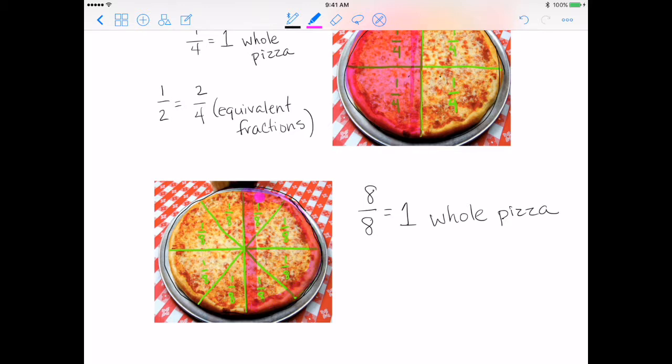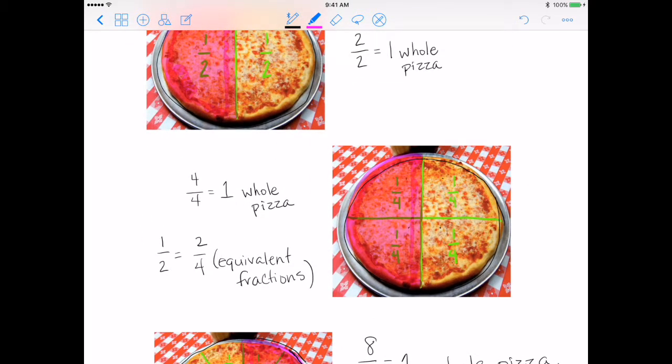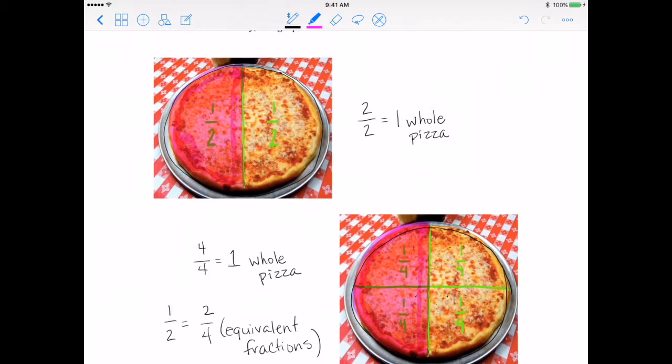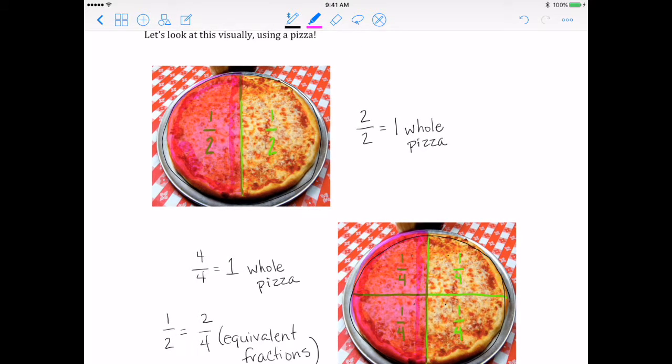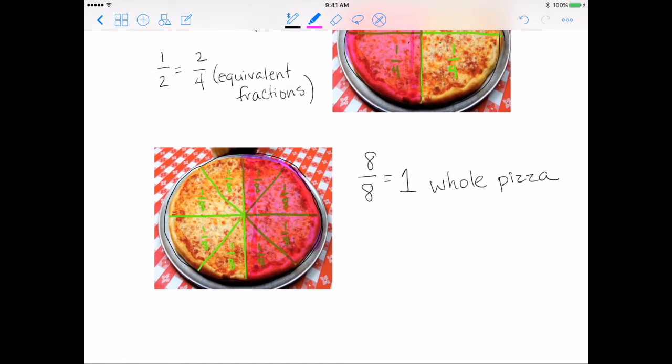I'm going to do 4 1/8 slices in order to have an amount of pizza that is equivalent to my 2/4 in my middle pizza or my 1/2 in my top pizza. So now you can also say, 2/4 is equivalent to 4/8.